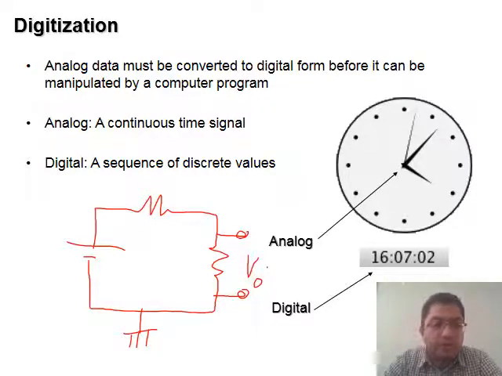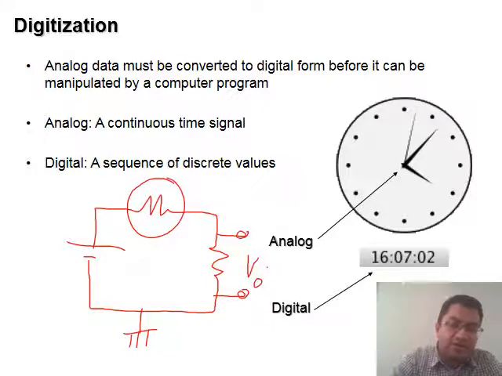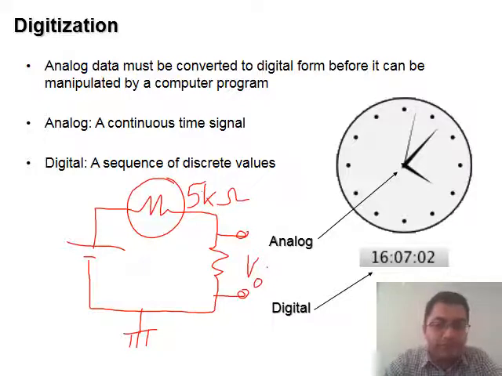Now, if for any reason this resistor changes a little bit, let's assume its resistance was 5 kilo ohms. What will happen if that 5 kilo ohms becomes 4.9 or 5.1 for whatever reason?